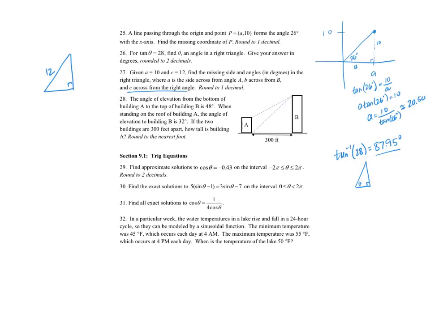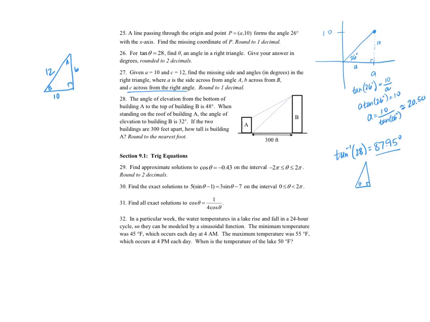And then I could label 10 as side A, and side B is what I don't know. So this is angle B, and this is angle A.